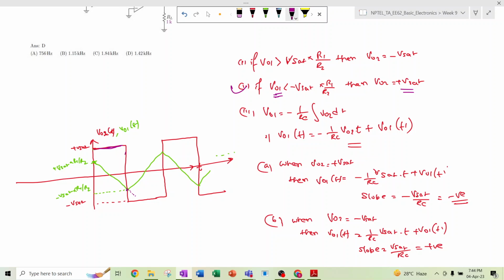When it has the minus Vsat condition, then the slope is in the positive direction. And whenever it becomes greater than Vsat into R1 by R2, then only this VO2 switches from plus Vsat to minus Vsat. So this is the thing.